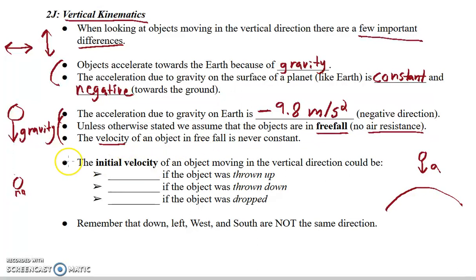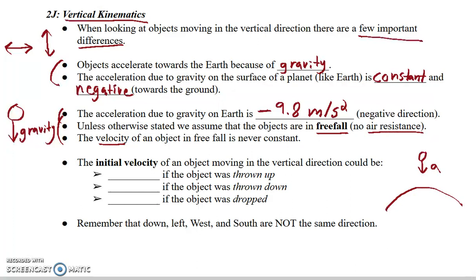The last thing to realize is how initial velocity is a little different in the vertical direction. With something in the vertical direction, you could throw it up, throw it down, or drop it.